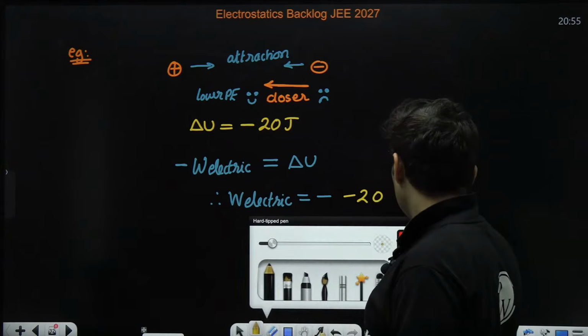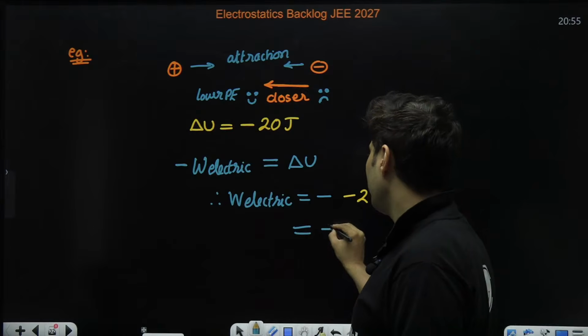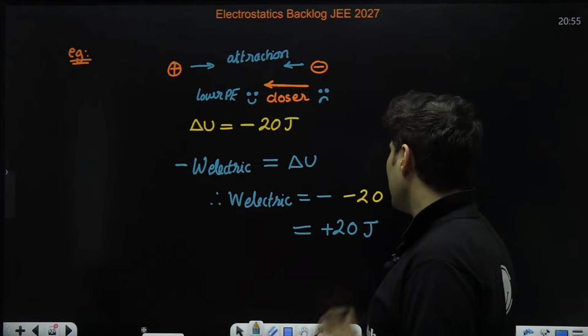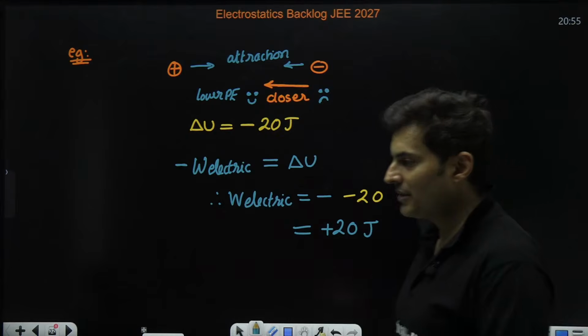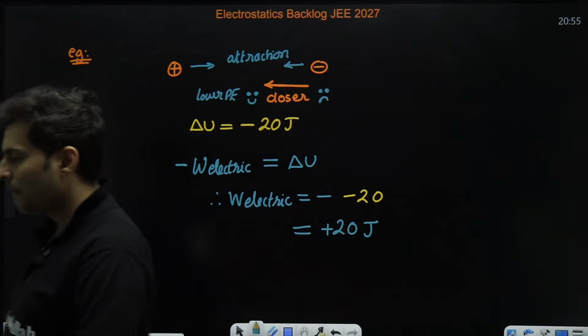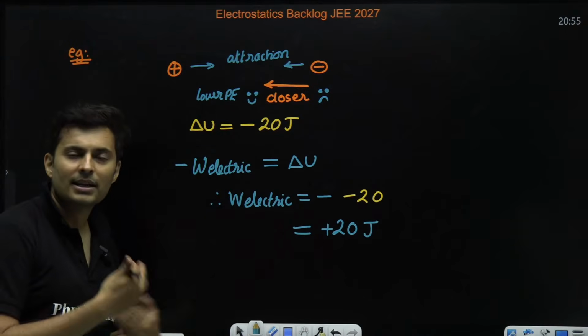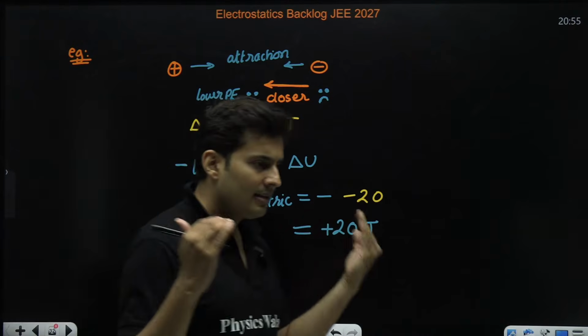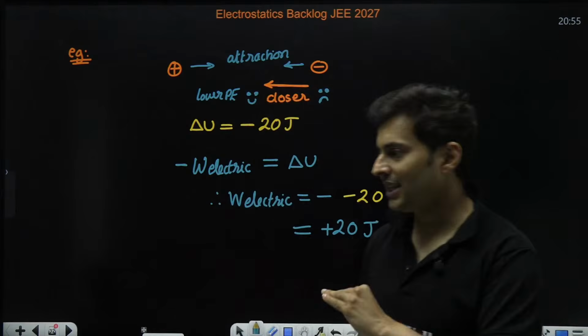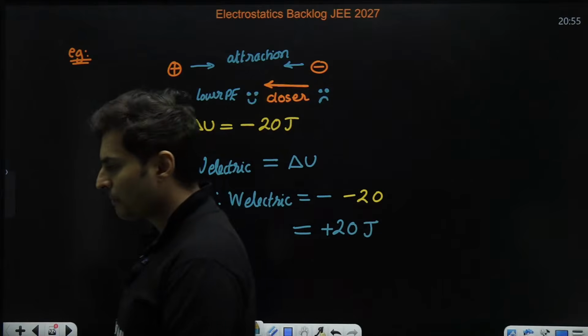So therefore the work done by electric force will be positive 20 joules. Clear? This is how you can calculate energy changes, work done, etc. in electrical systems.